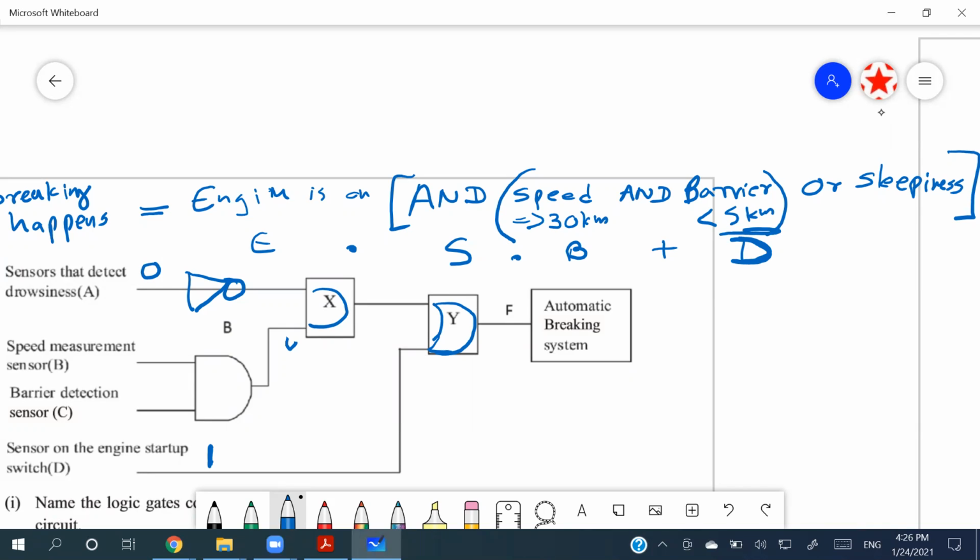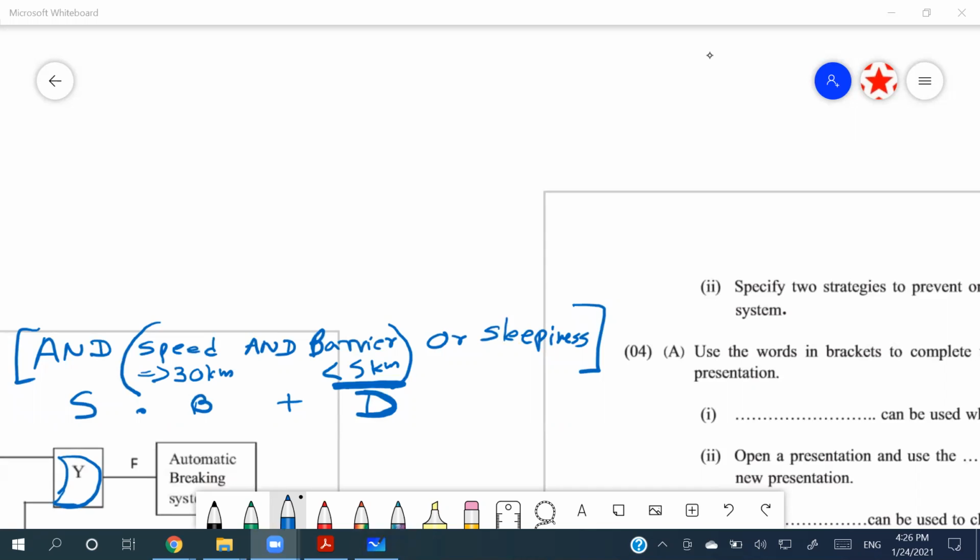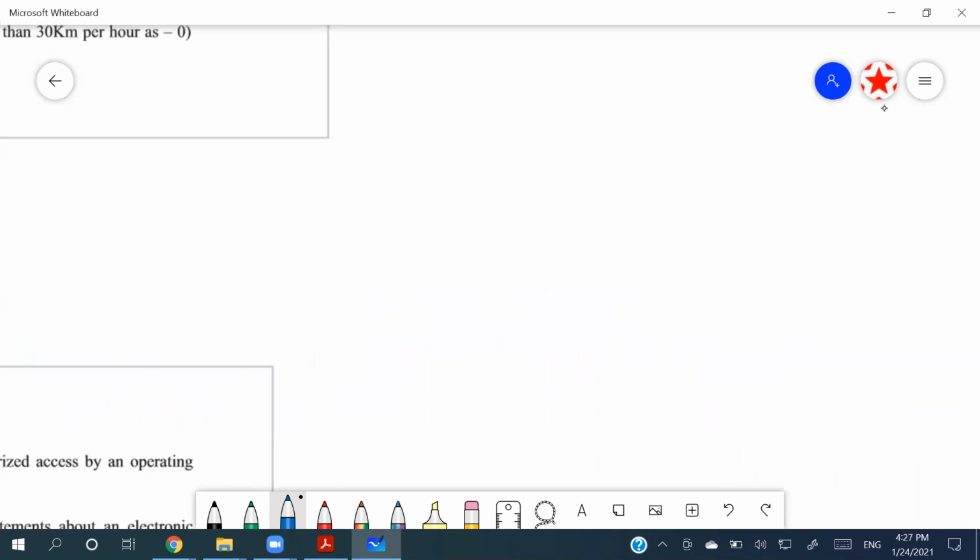Sleepiness, it's not D, it's D bar, because in the question it says... Yeah, Saran, there's a small mix-up in the question there. Yes, if the question had swapped the 1 to the other side, it would be exactly right. That means if the question had given sleepiness as 1, this is going to be the equation.